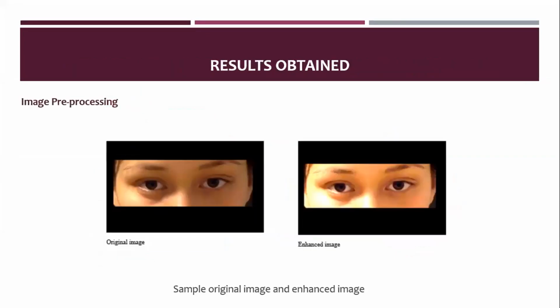For the image processing, after resizing, we applied image enhancement. You can see that the first image is not so clear, while the second image, the enhanced image, is actually clear. So these are the results we obtained after processing the images.